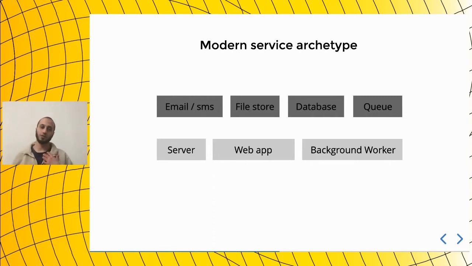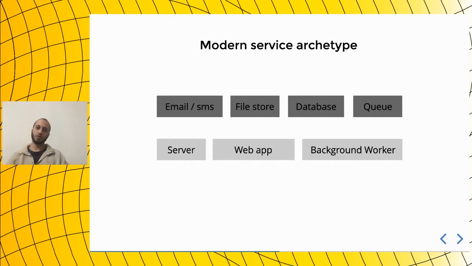In my mind, 95% of modern web apps contain these components. We have a server that could be serving an API. We have a web app, which is your React or Vue.js front end. We have a background worker, which would process all of your background jobs, like sending emails or any asynchronous type of work.